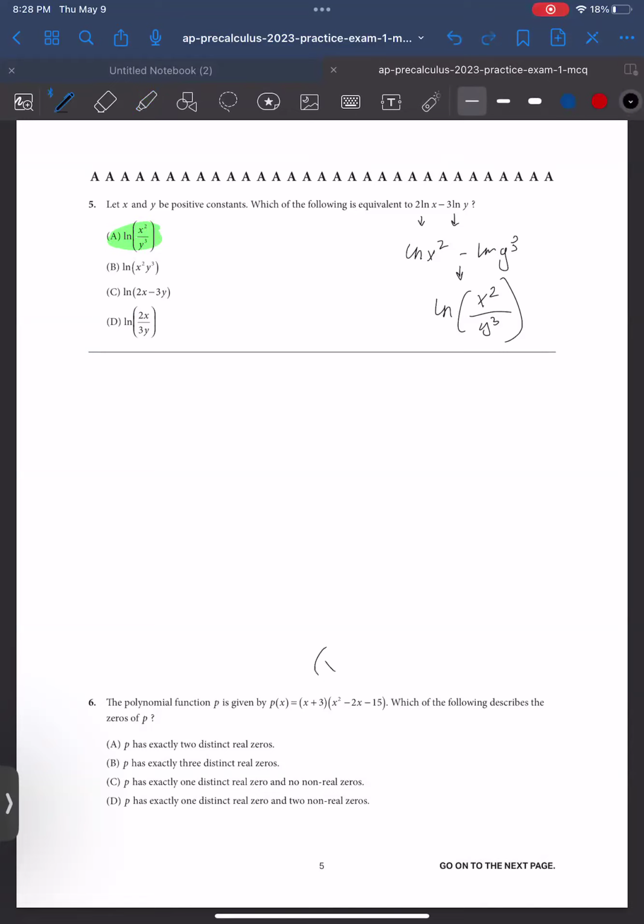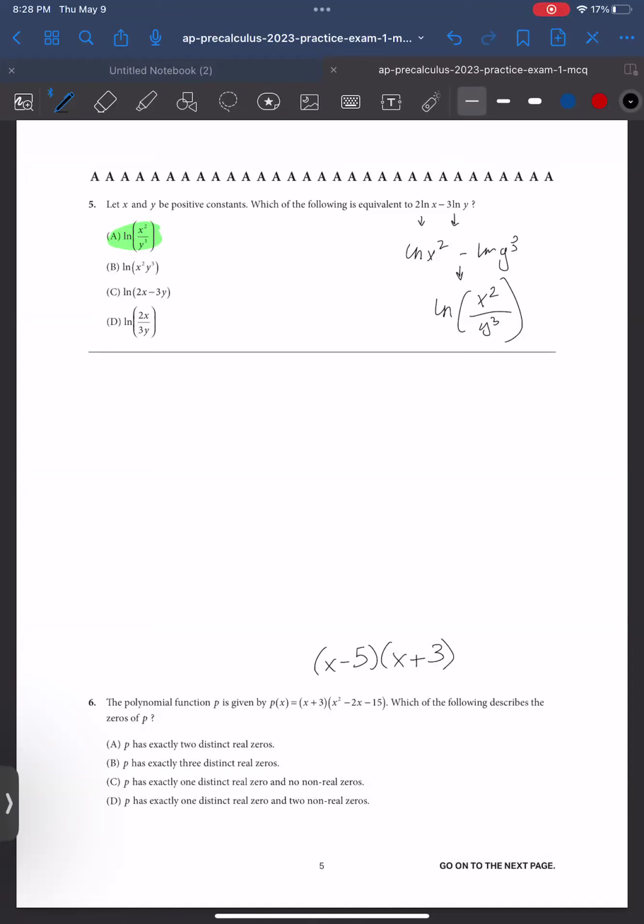The x plus 3 is one zero. So what are the factors of 15 that'll equal 2? 5 and 3, so it would be negative 5 and positive 3. So now which option do I go with? You got 3, 2, equals... B?